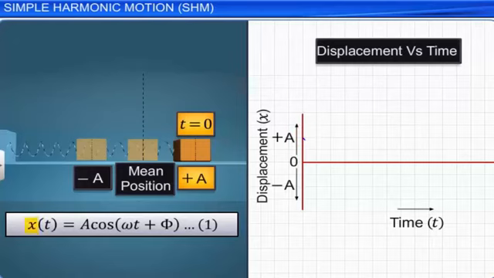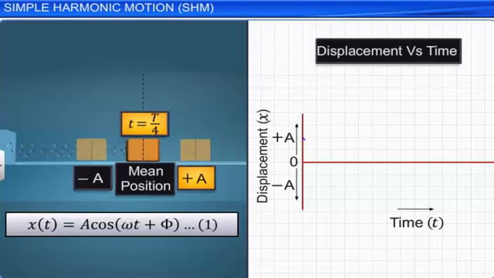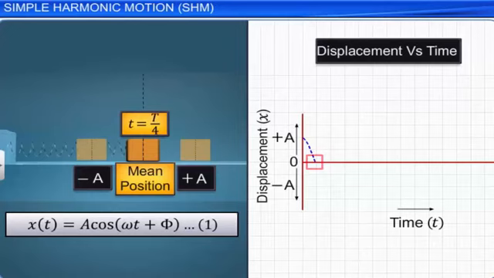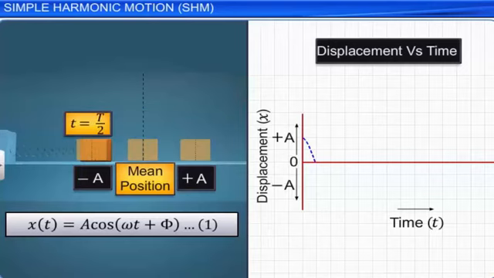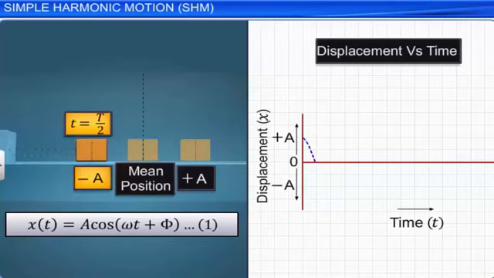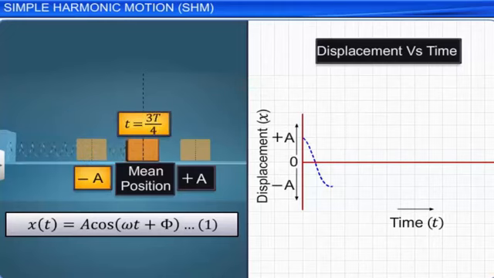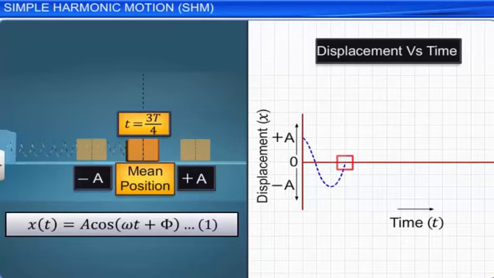When time t = T/4, the particle will be at the mean position. For the oscillating particle, when t = T/2, it is at the left extreme, and when t = 3T/4, it is again at the mean position. When t = T, it returns to the right extreme position +a.